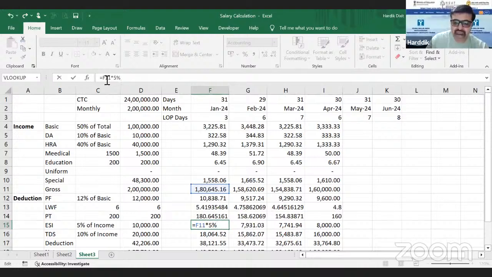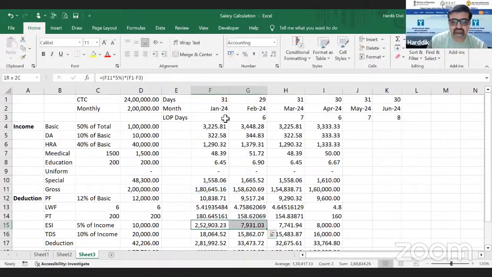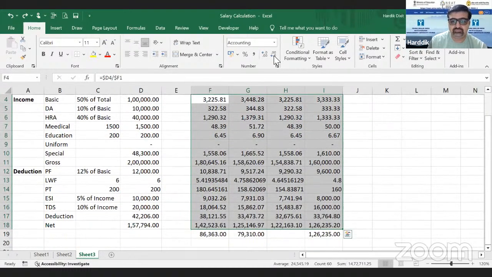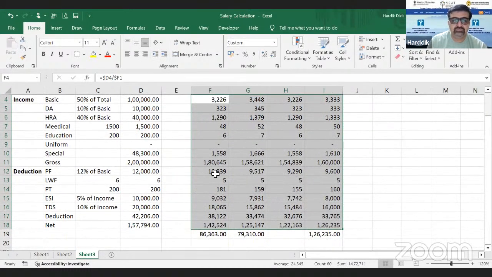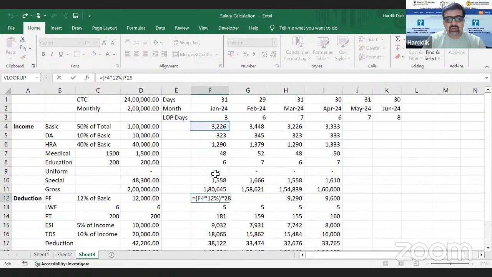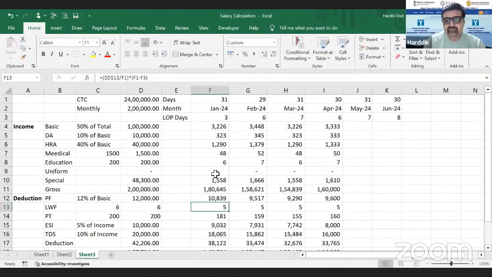Okay, so this is your PF, this is your labor welfare fund, this is this thing, 5% of income.